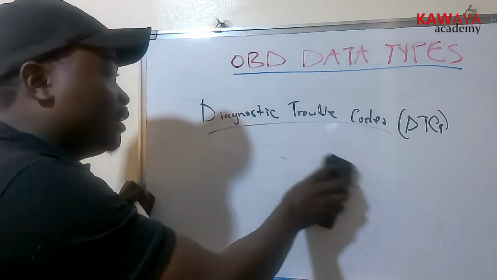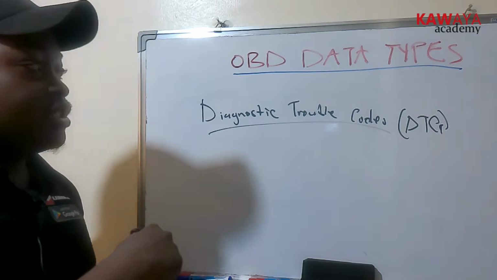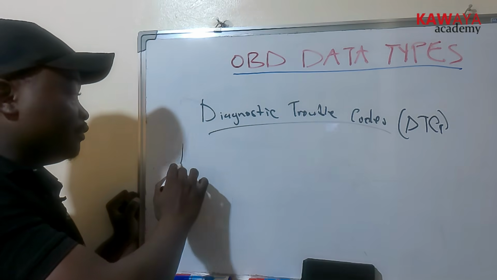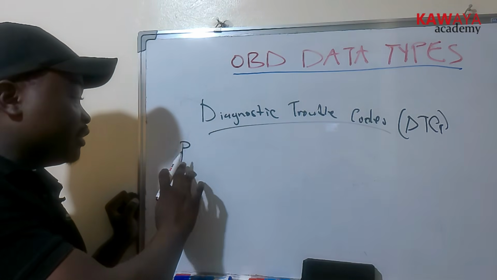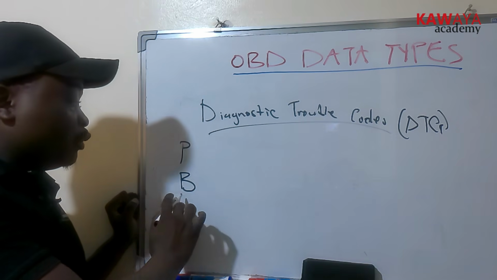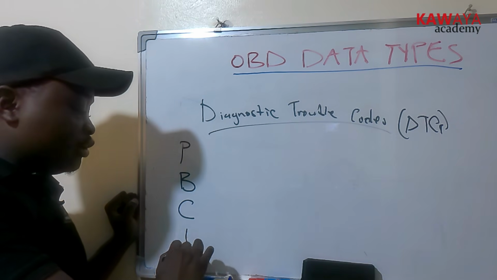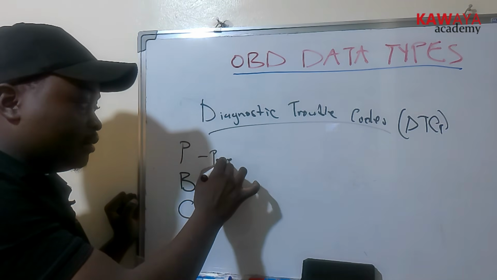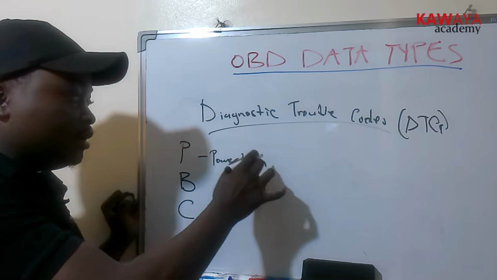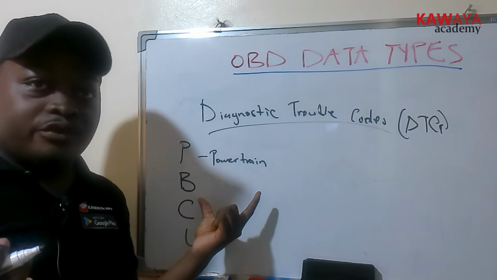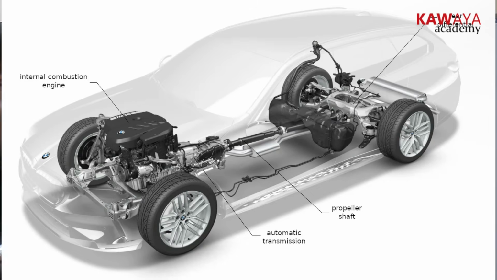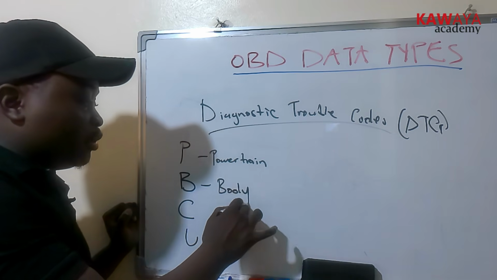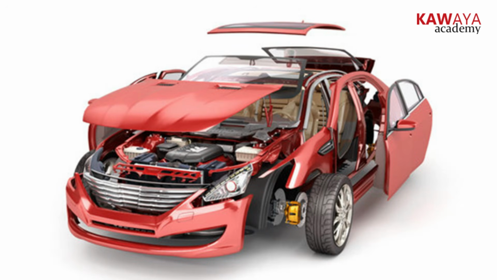And we have different trouble codes. We have codes starting with P, codes starting with B, and codes starting with C and U. Now codes starting with P are those to do with the powertrain. The powertrain is basically the components that give power to the vehicle, for example, the engine and transmission. We also have the body, where we have things like the seats.